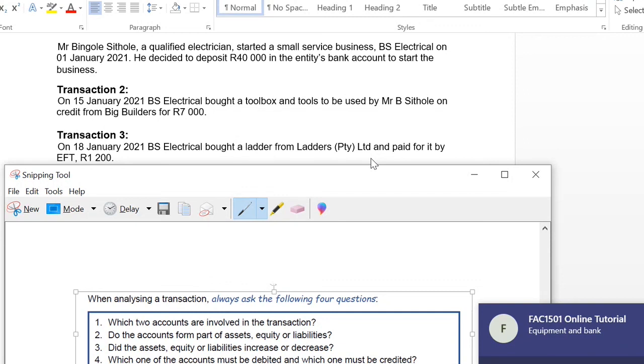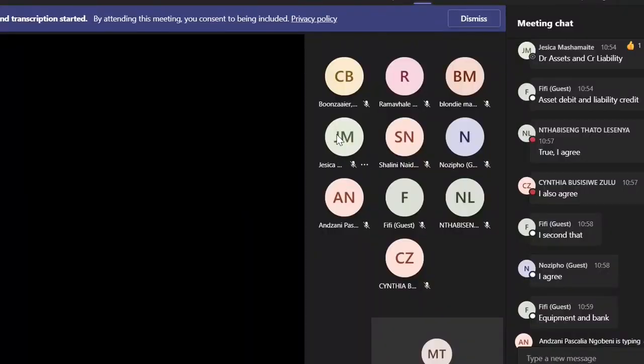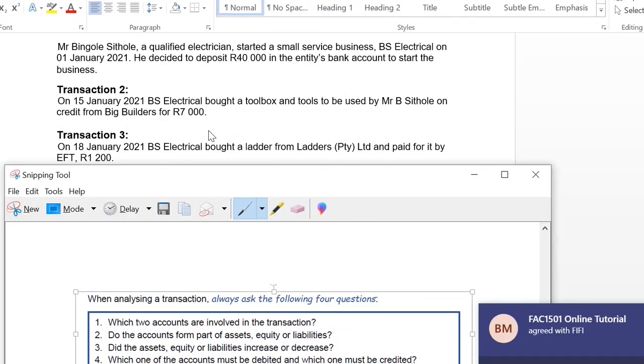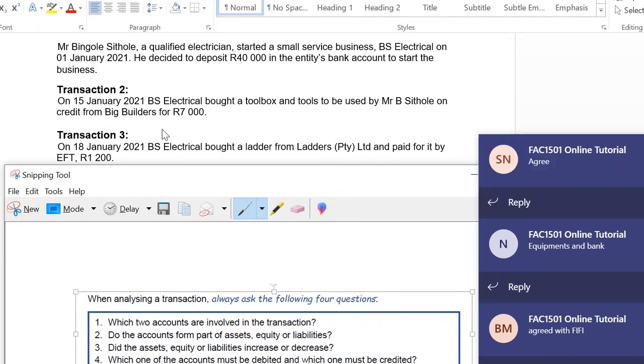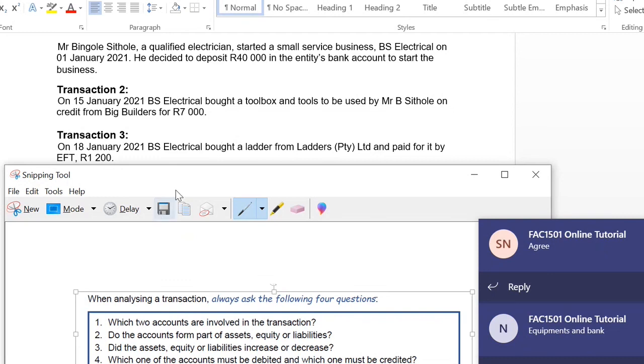I agree with Fifi. It's a bank and equipment. Blondie agrees with Fifi. The ladder will be equipment and EFT will be bank. Thank you, guys.